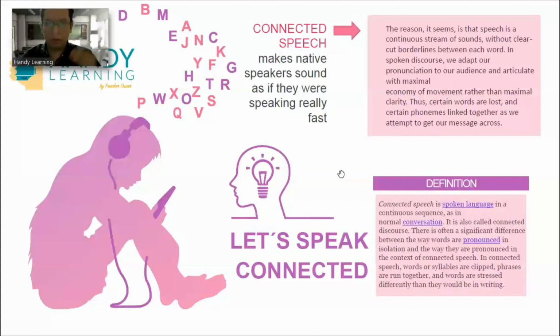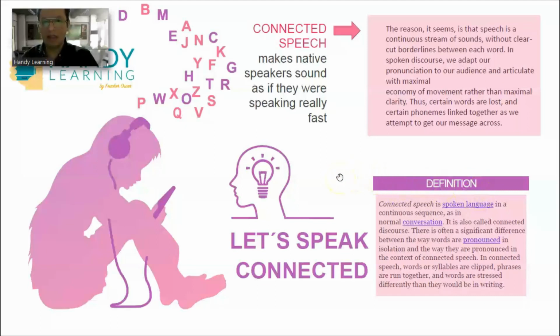But in English, when we put words together, we start changing pronunciation because we're connecting the sounds of the words together. This is called connected speech. You can read the definition: connected speech is spoken language in a continuous sequence, as in normal conversation.